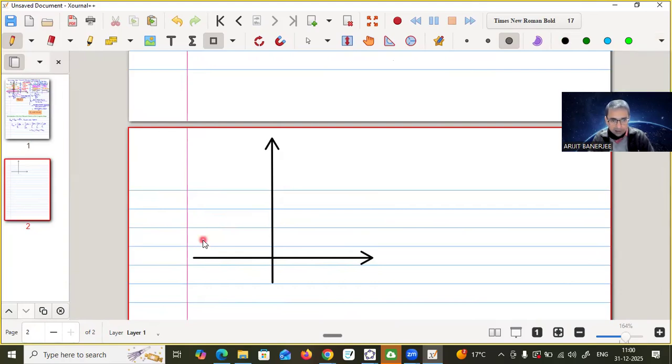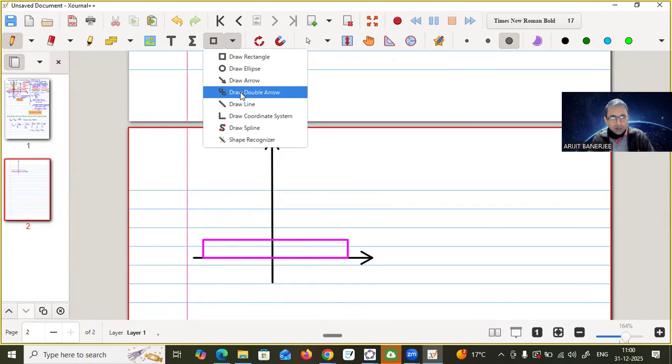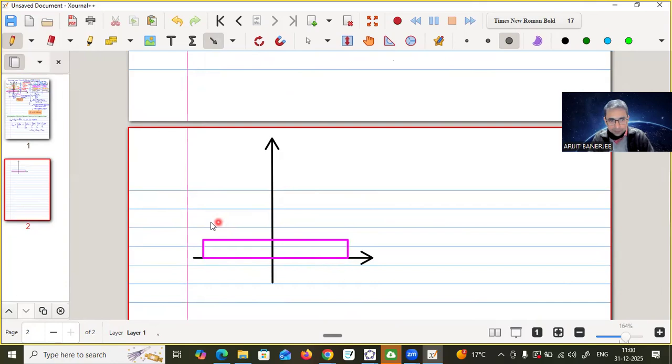It is here. This magenta colored area is here. And the red colored axis is here. And another y direction for that is here.